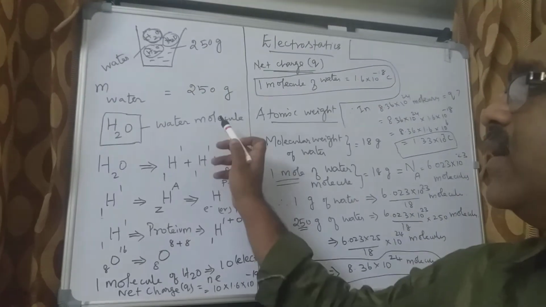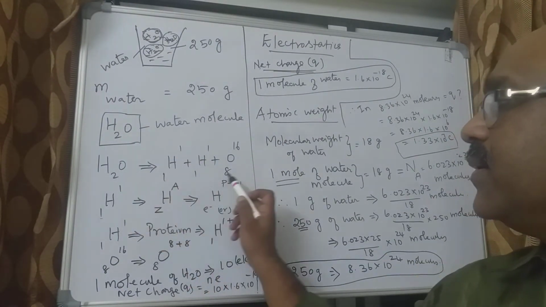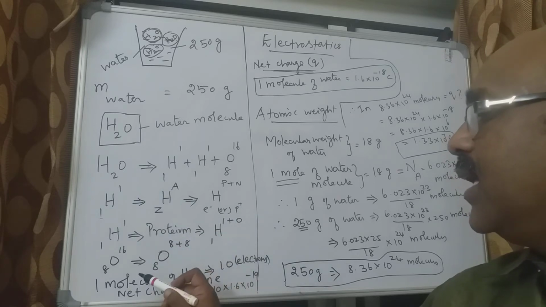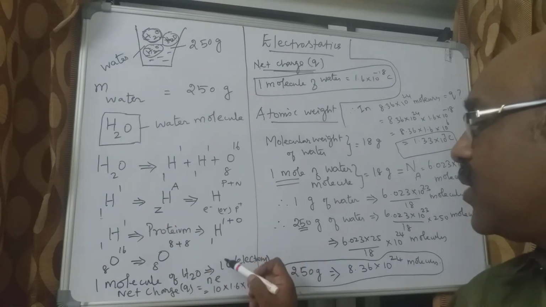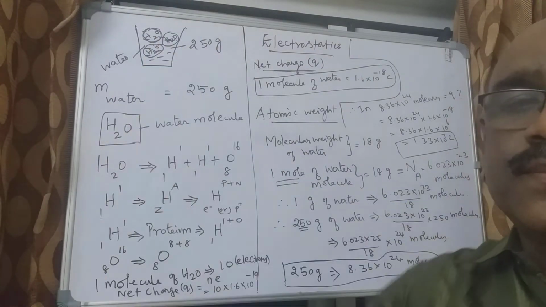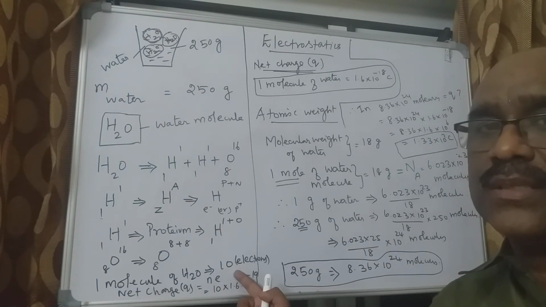For that, we should know the formula for water, and from this formula we are calculating the number of electrons present in one molecule of water. In one molecule of water, there are 10 electrons present.